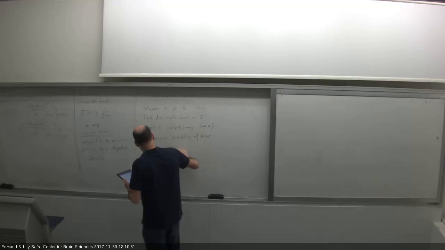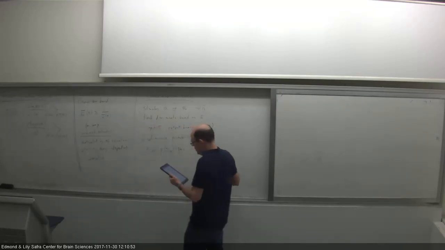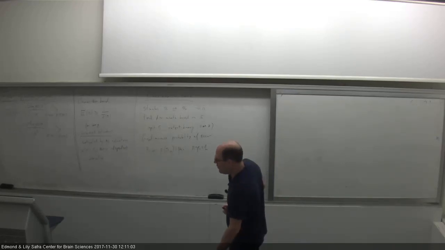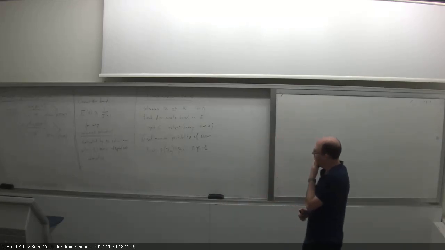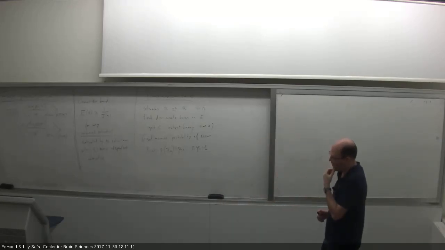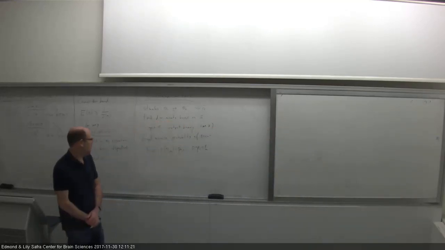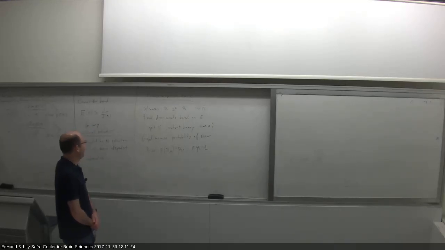I will denote this simply by P1, P2, where P1 plus P2 is equal to 1. And now, given this prior, the question is what would be an optimal way to construct the discriminator.